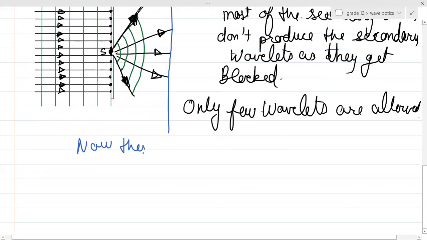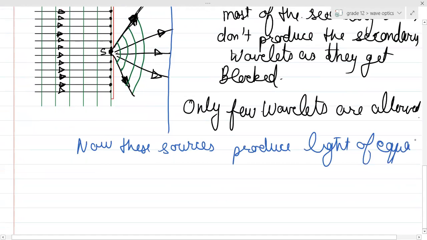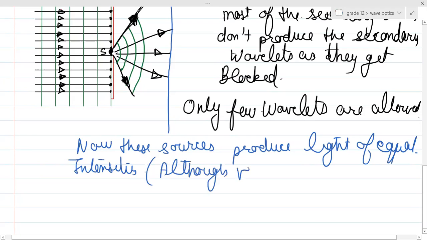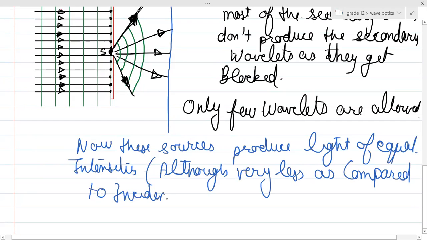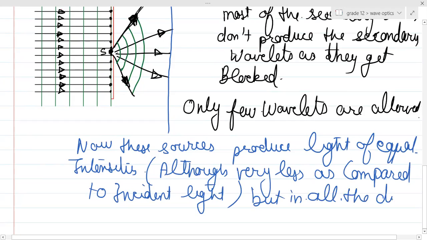Now these secondary sources produce light of equal intensities, although very less as compared to incident light, but in all the directions of the screen.